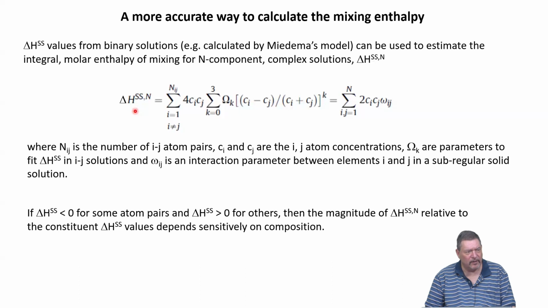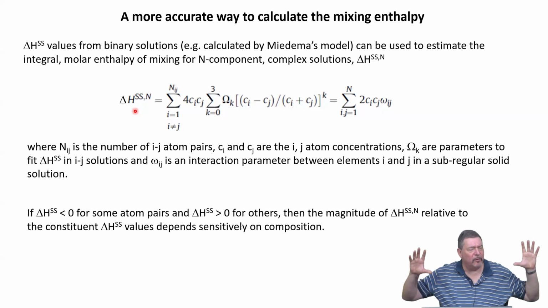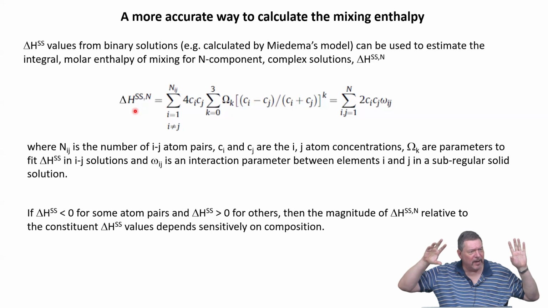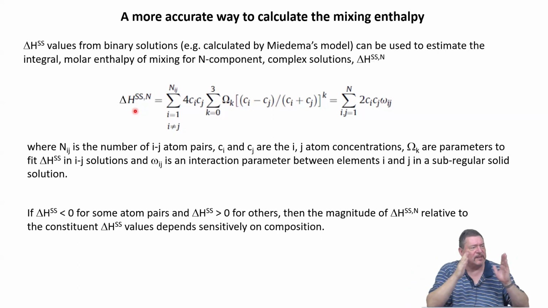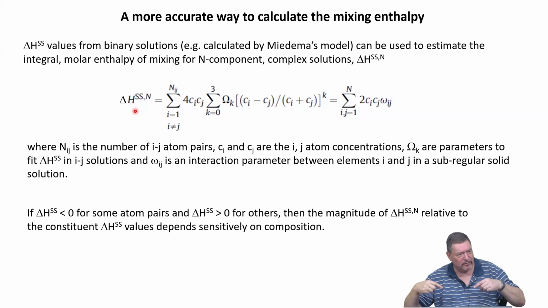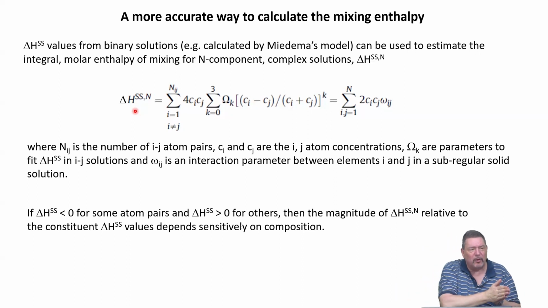Obviously, you can have different situations. You can have five components where some of the binary systems show a positive enthalpy of mixing. That means they like to phase separate. And some of them could have a negative heat of mixing, which means that compound formation or mixing is favored.